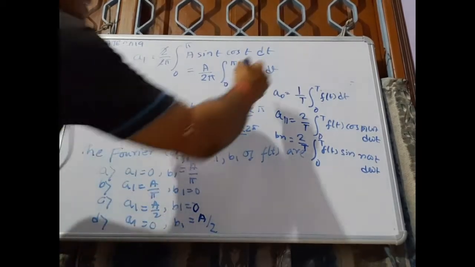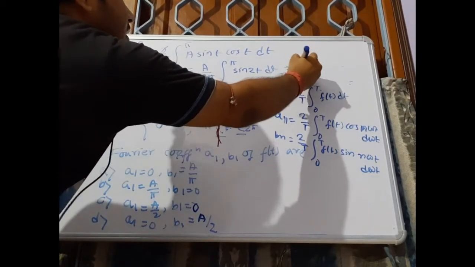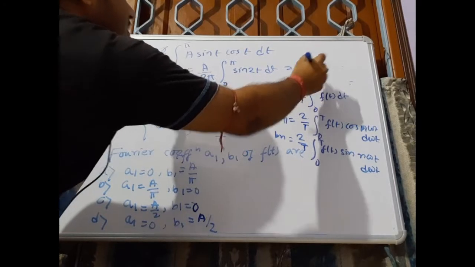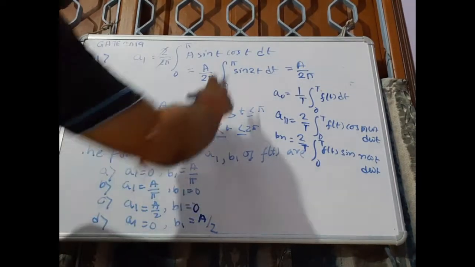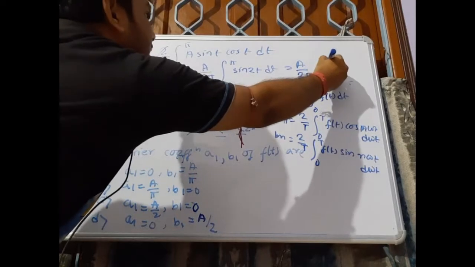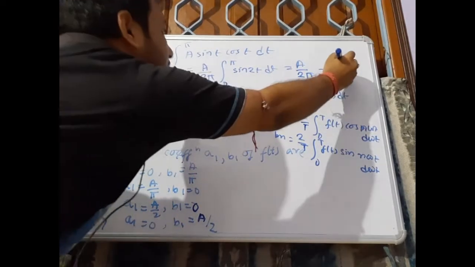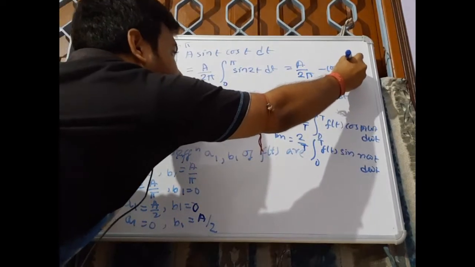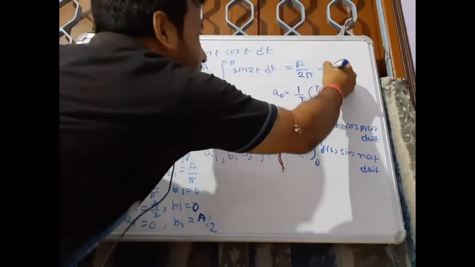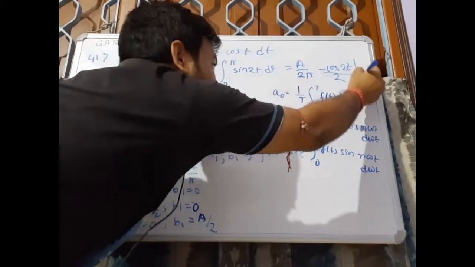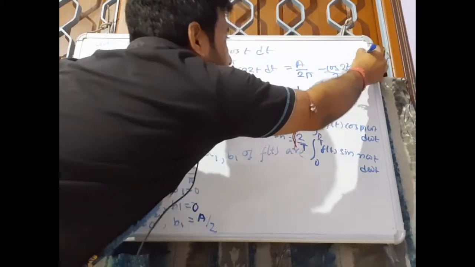Now this integration will be a by pi, and this will be minus cos twice t divided by 2 from 0 to pi.